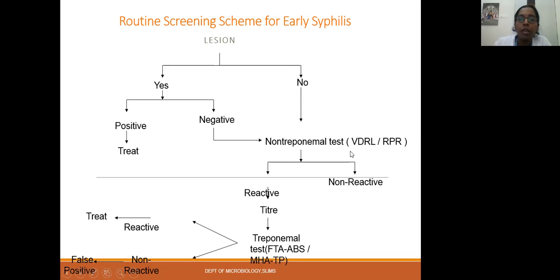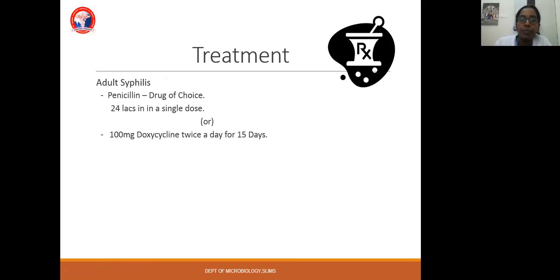If the VDRL and RPR test is non-reactive, then we can call it negative. But if it is reactive, then we have to do the other specific test, that is the fluorescent Treponema pallidum antibody absorption test, and then we report it. Otherwise, it will be a false positive reaction.